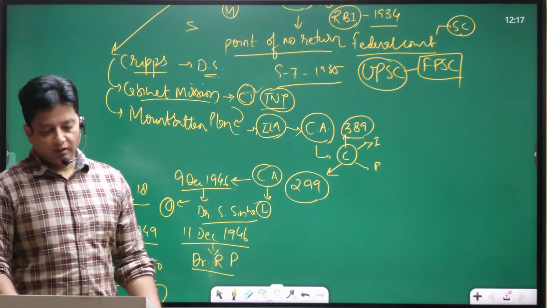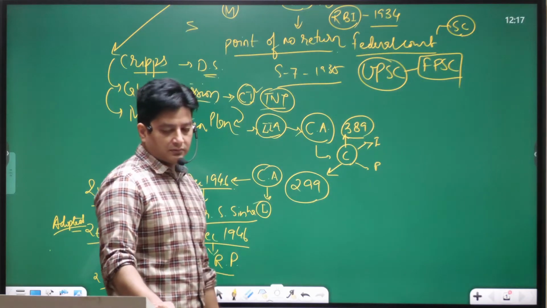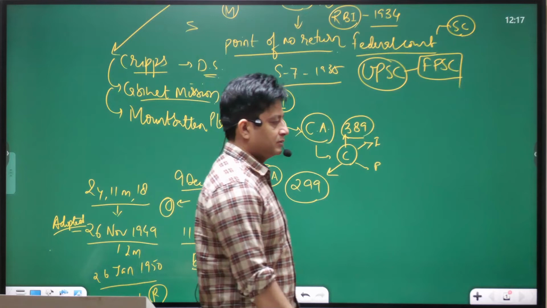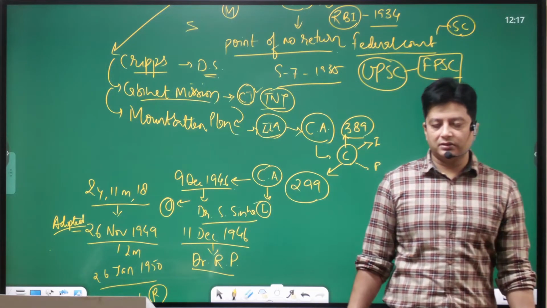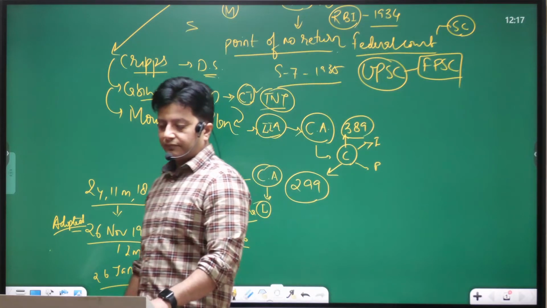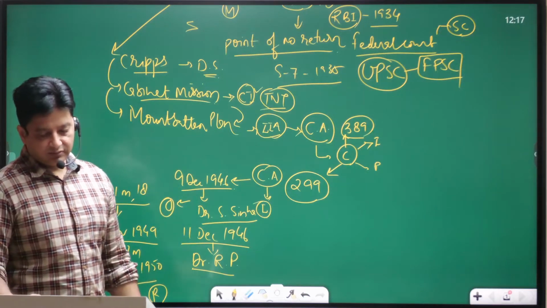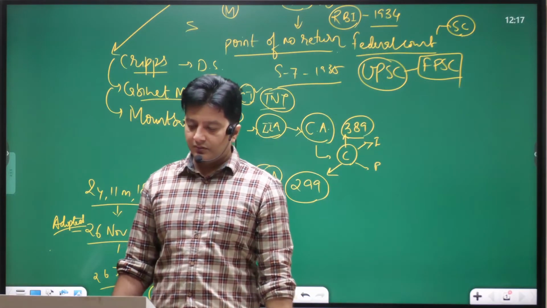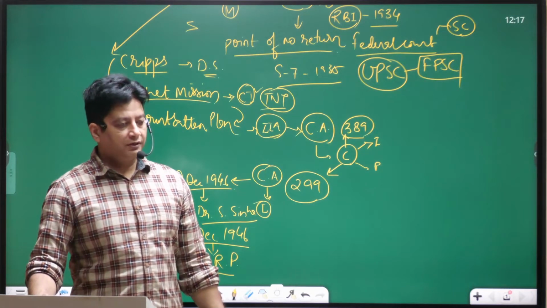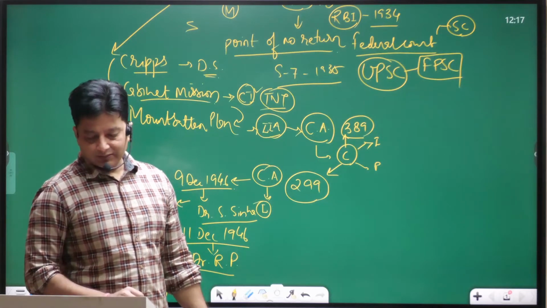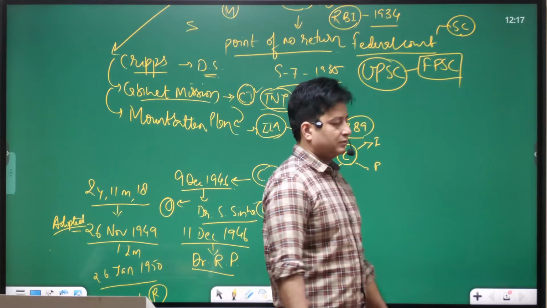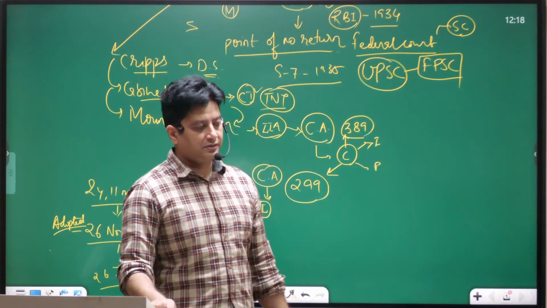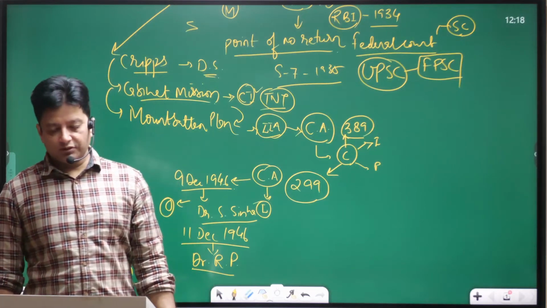The next paragraph. Again, cabinet mission plan in 1946 was brought to grant us complete independence without accepting two nation theory, as it was not in favor of Britishers' commercial interest.